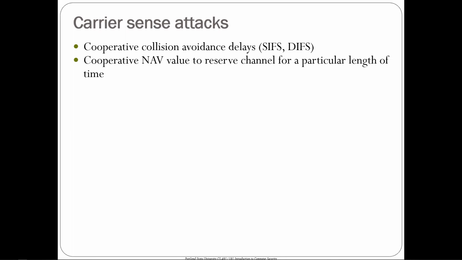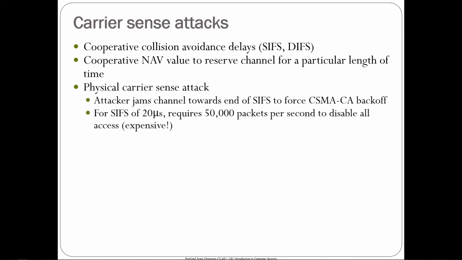This person got cleared to send and is about to send a certain amount of data. Everyone else on the network is like, okay, I'm going to go to sleep, right? So that's how the protocol works.